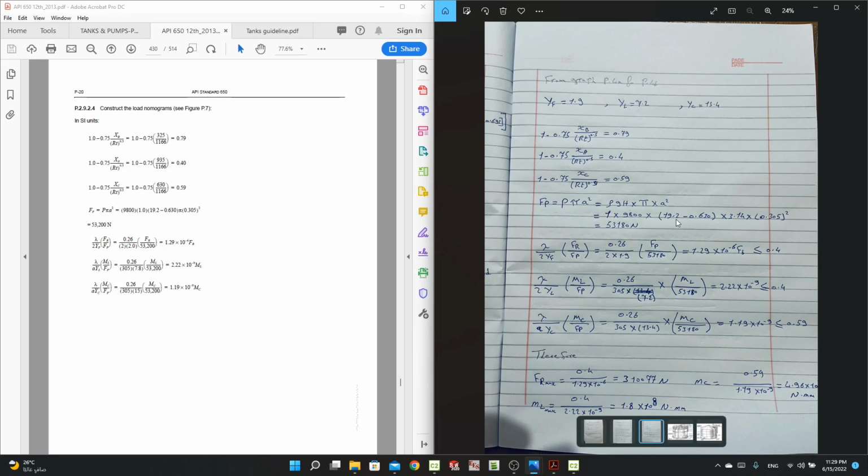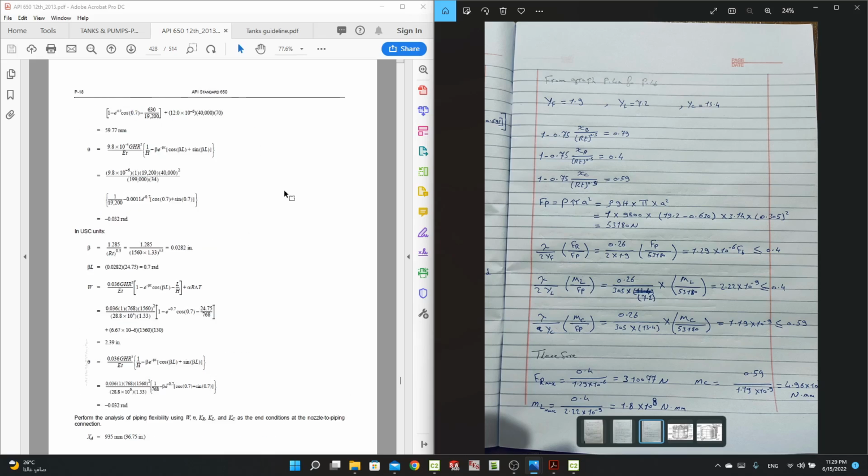So it's 19.2, the height of the tank, minus the height of the nozzle, which is 0.630, times pi times the radius squared, and here you can get the pressure force.